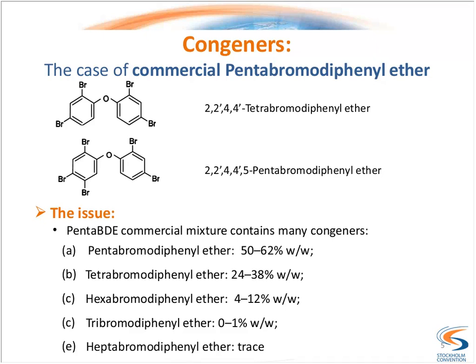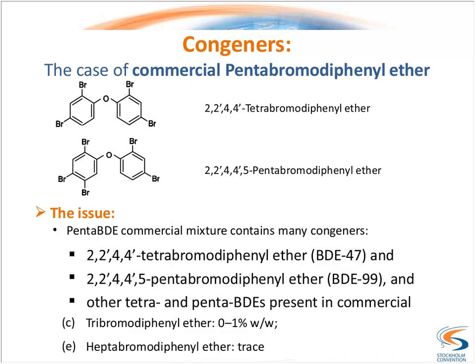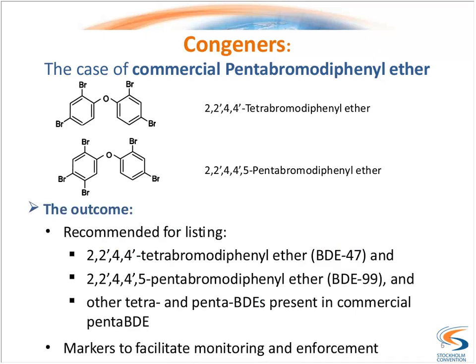And to distinguish it, because it looks the same, you say 2' and 4'. And for the penta, it is a 2, 4, 5 in the left, and then 2' and 4'. And these two specific congeners, which are in highest concentration, were identified as the POPs. Okay, as you can see here.